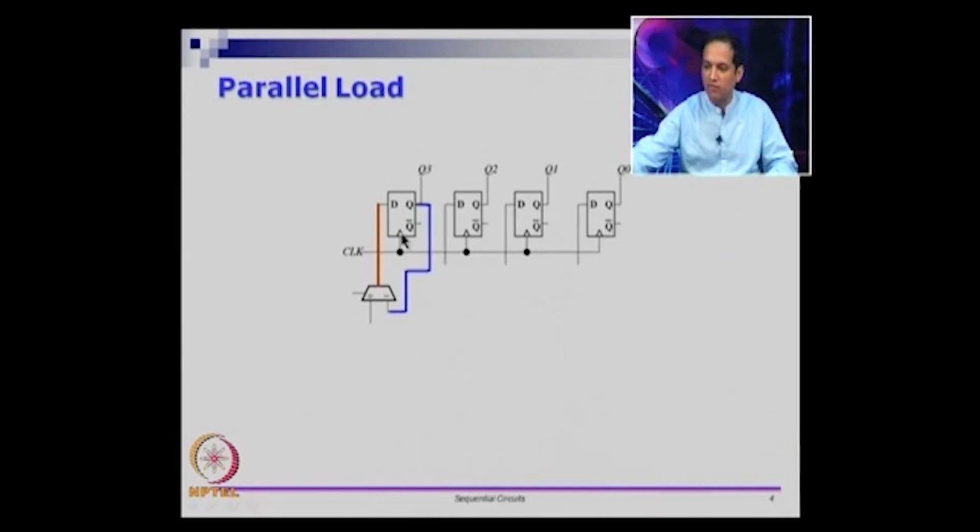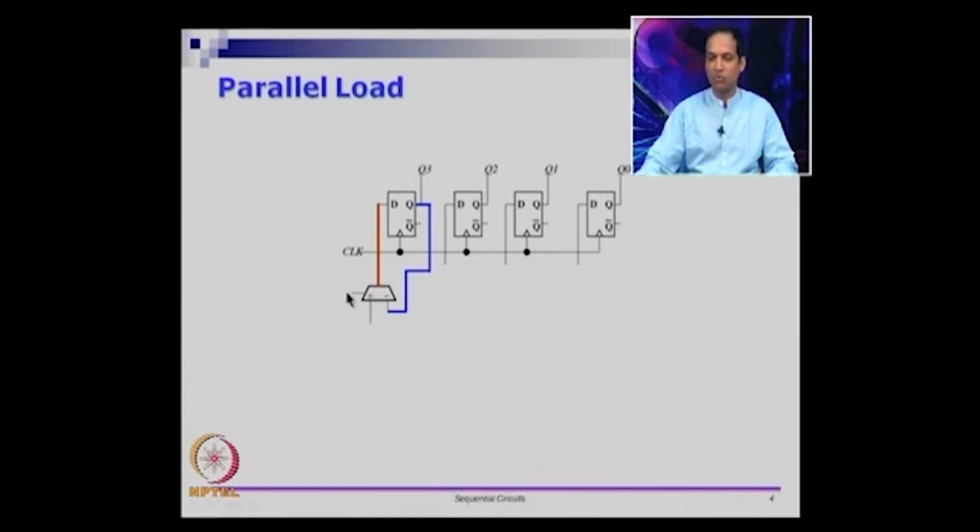So let us do it for one flip flop first. If you now look at this picture, either the external world input would come into D, or the previous value that is stored in that flip flop will be fed back based on the condition that you put for the select signal here. So I hope that is clear. If you put select as 0, then it will load from the external world.